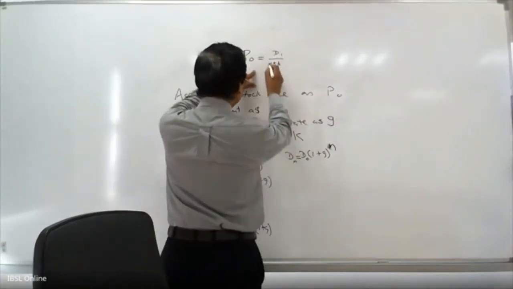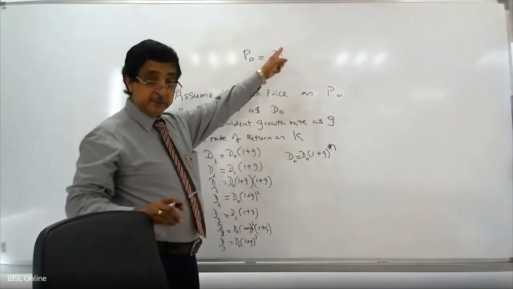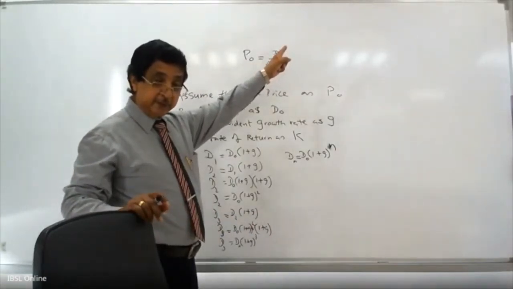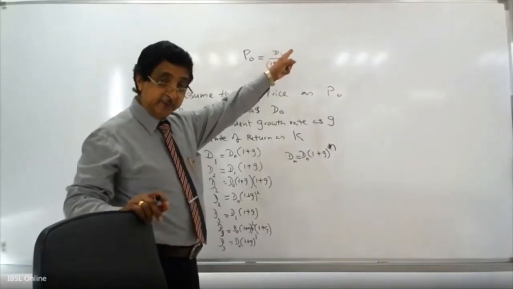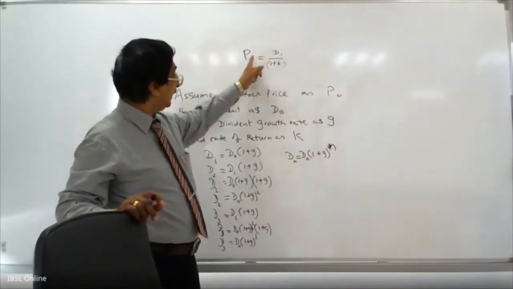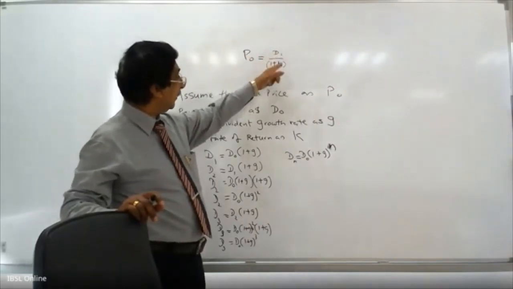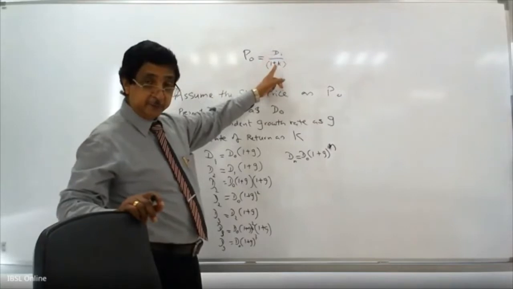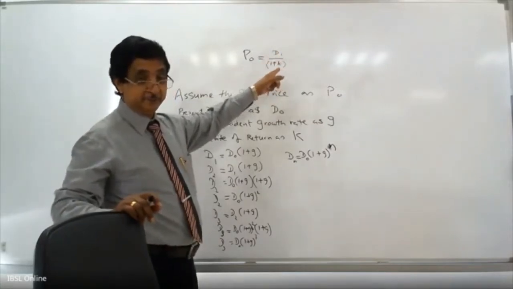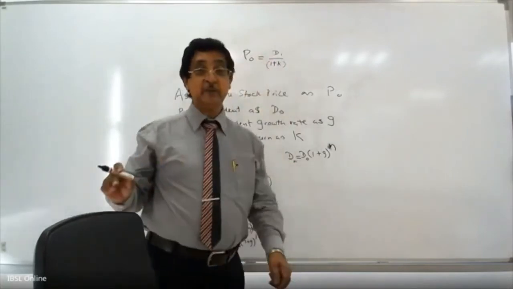When you say D1, what is D1? D1 is the dividend paid at the end of year 1. So, what is the present value of that dividend? D1 divided by 1 plus K. K is the required rate of return, or the discount rate.